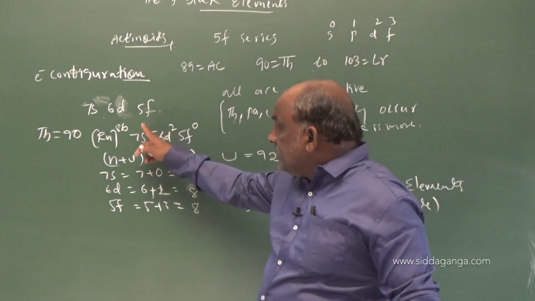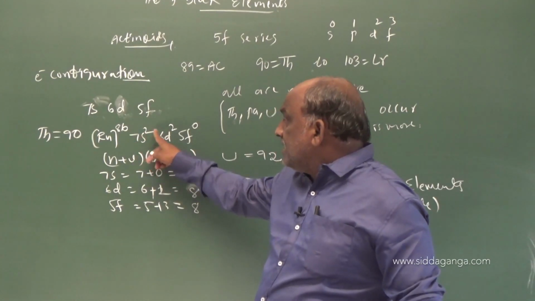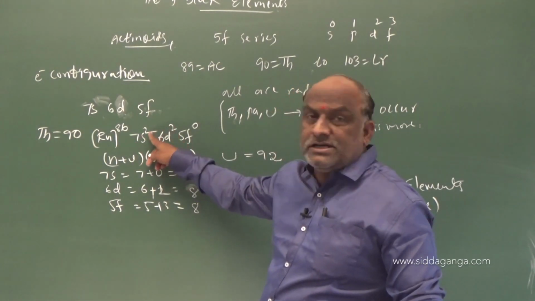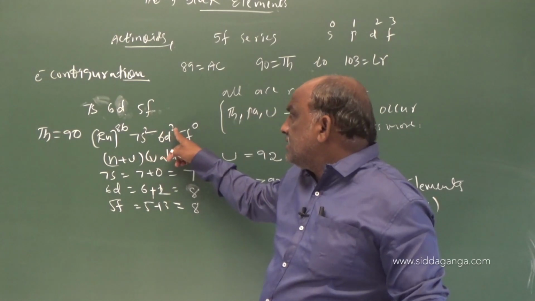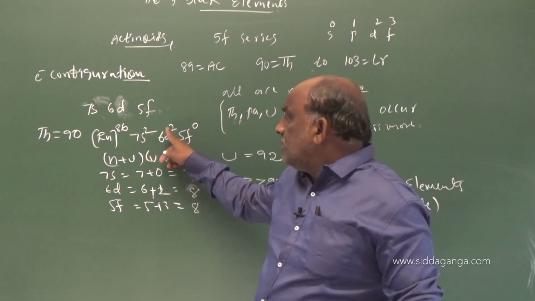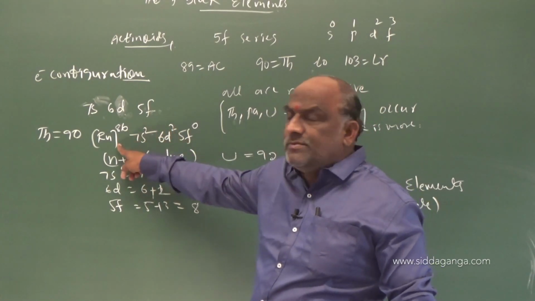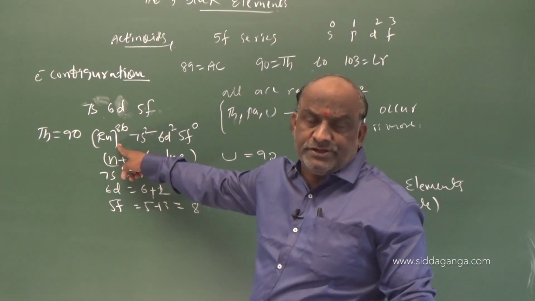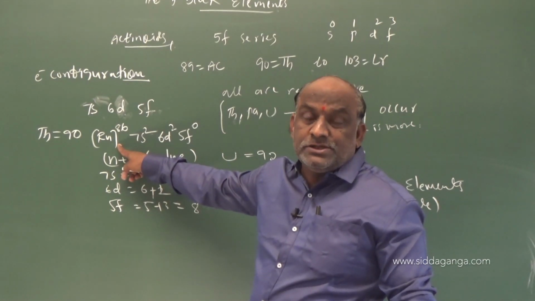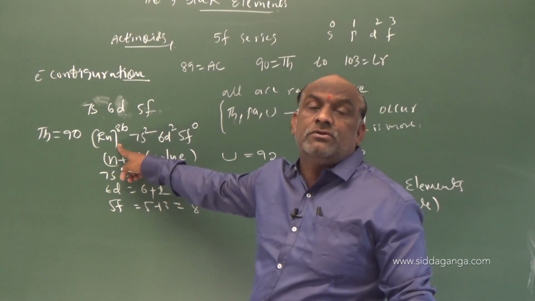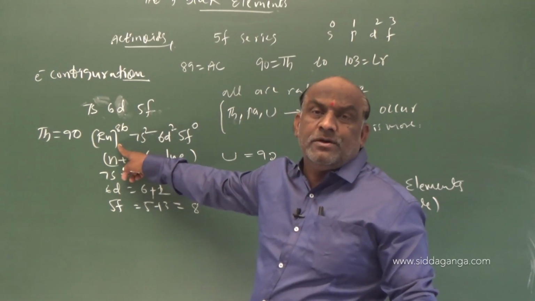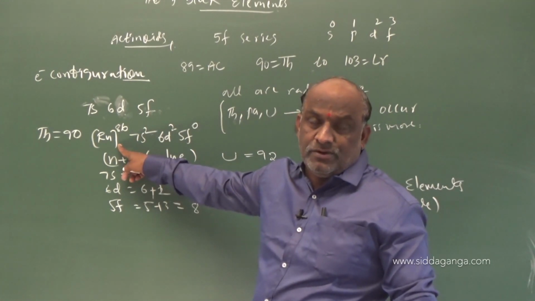And in thorium, how many electrons are present in the outermost shell? 2 electrons are present in the s orbital, 2 electrons in the d orbital. Removal of these 4 electrons makes it the stable radon noble gas configuration. So the stable oxidation number of thorium is +4.